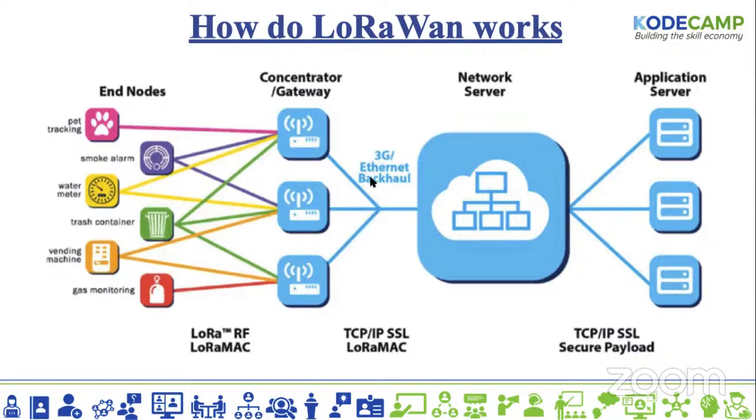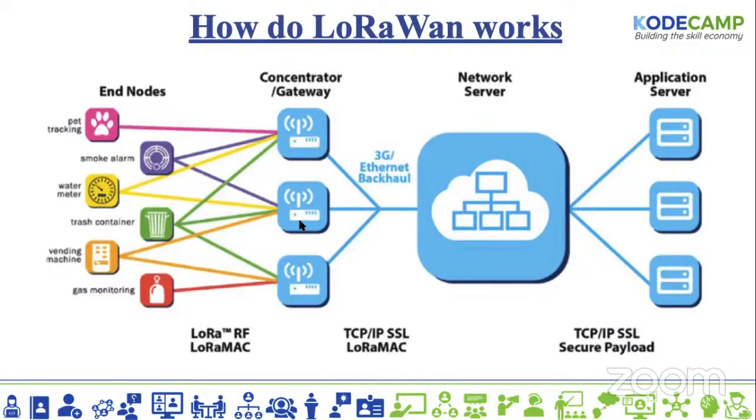So this can be your router at home, whatever ISP you have been working with. But it has its own radio frequency. Most of them have their own radio frequency, and I'm going to show you some of them.